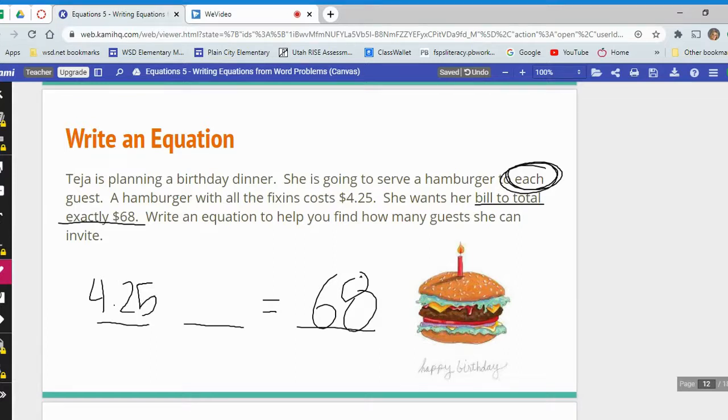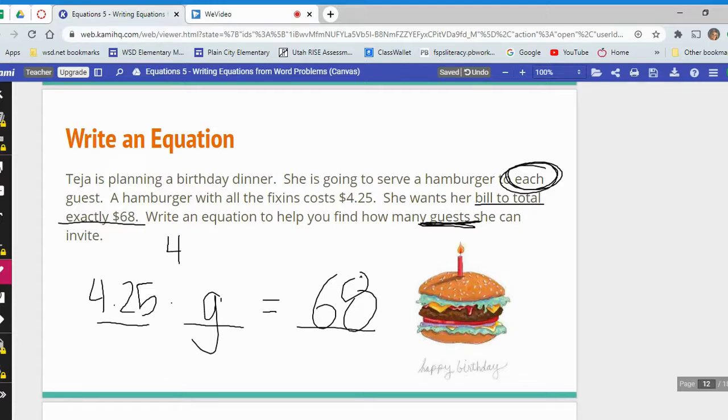Now, what are we missing? Write an equation to help you find how many guests. So let's put a G to stand for guests this time. It doesn't really matter what variable. We could have just kept using X. Let's use a G to mix it up. So $4.25 for each guest. Do you remember we said if we're going to do it for every one of them, we're going to multiply.